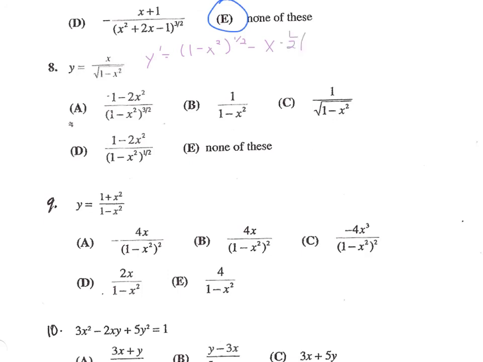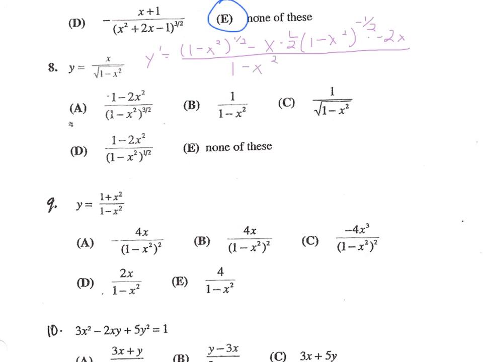So we have 1/2 times 1 minus x squared to the negative 1/2. And then the derivative of the inside will be a negative 2x. And that's all over the bottom squared. So that will just be a regular 1 minus x squared.